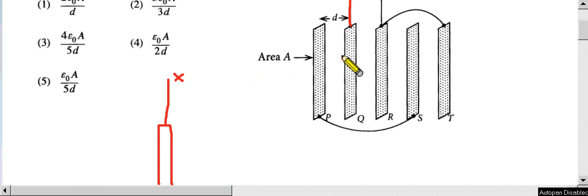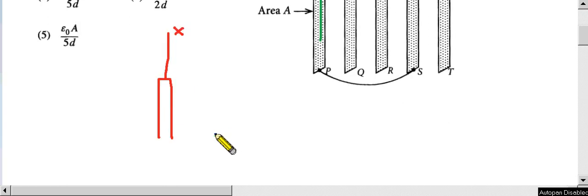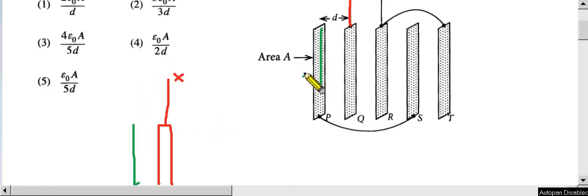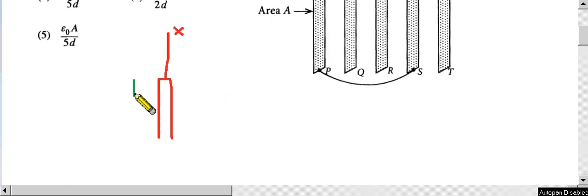Then in front of the left side surface of Q plate, there is another, this P plate. So we draw only one surface because it doesn't have any other plates in front of it at both sides, only at the right side it has another plate. Therefore we draw only one surface here like that.